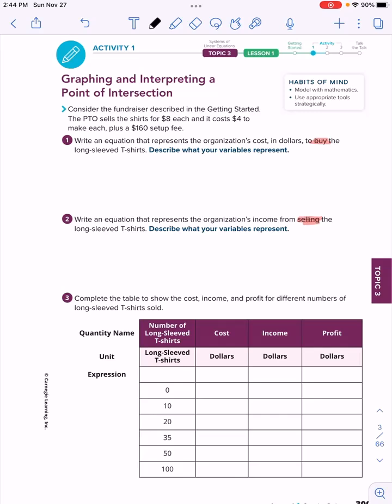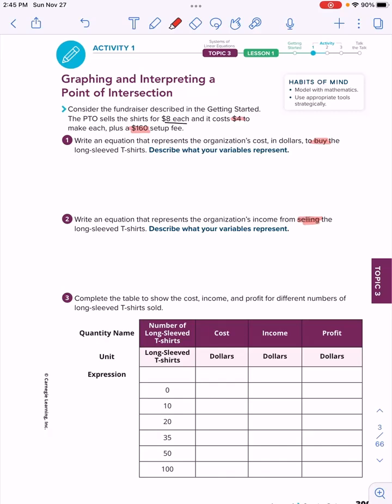Let's underline that. And it costs $4 each, I'm going to highlight this in red, plus a $160 setup fee. So there's two things here: we're going to be selling, and there's a certain amount of money where we're purchasing these shirts to then sell.